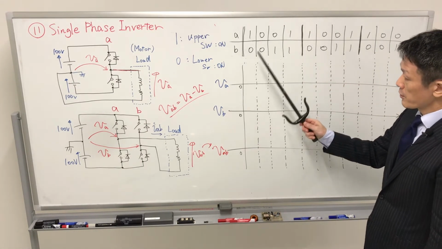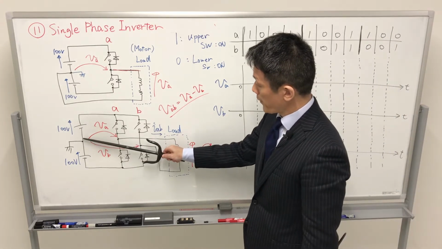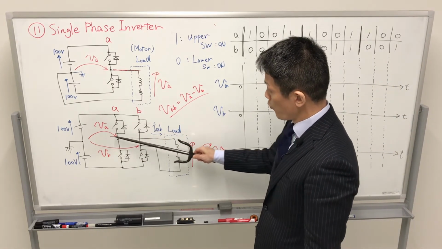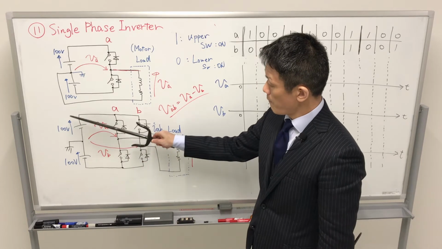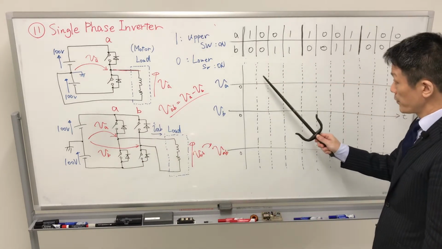With the above switch on, we can look at this line as this voltage. So please describe.